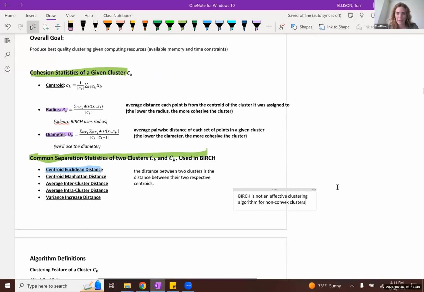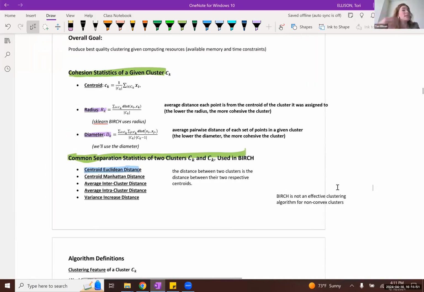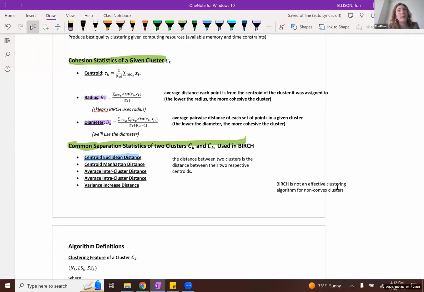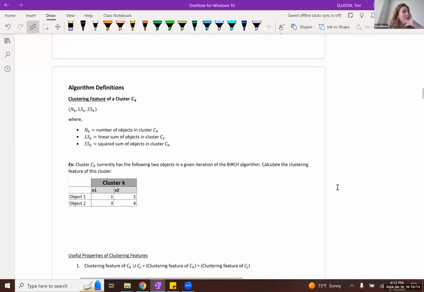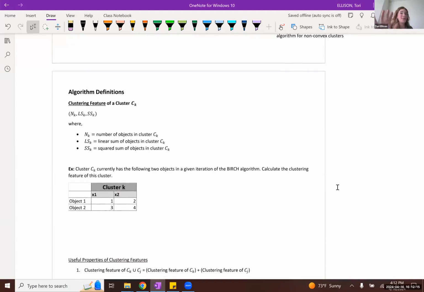Using the mean as a centroid really only tends to be an effective way of measuring a central point of a cluster if that cluster is convex. So unfortunately, Birch tends to not work as well for identifying non-convex clusters. Okay. All right, I've been doing a lot of talking. Questions on that?